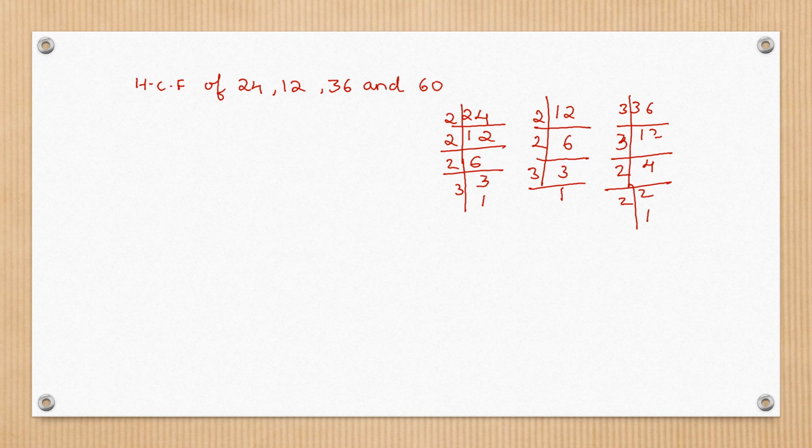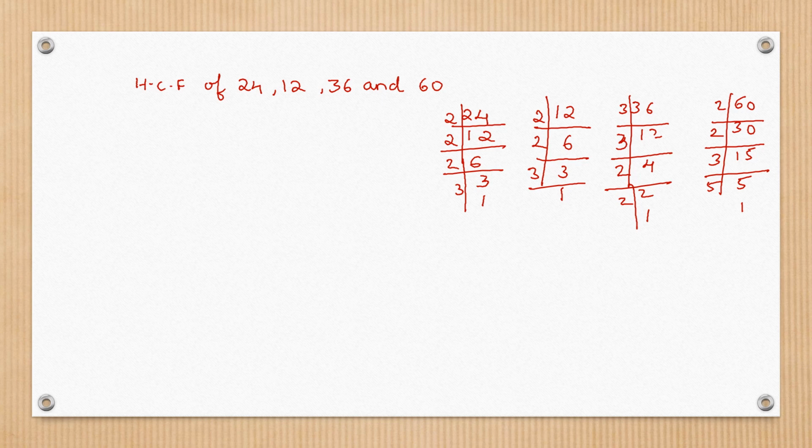Coming to 60, 2 30s is 60, then 2 15s is 30, 3 5s is 15 and 5 1s is 5. So we have found the factors by dividing.